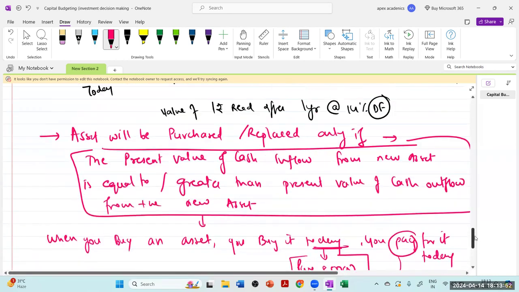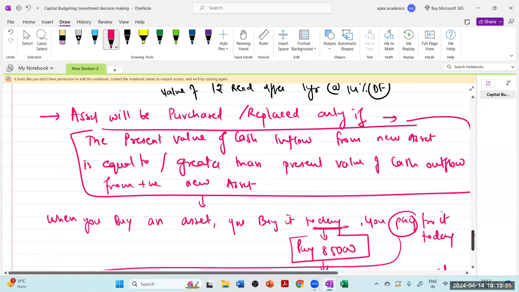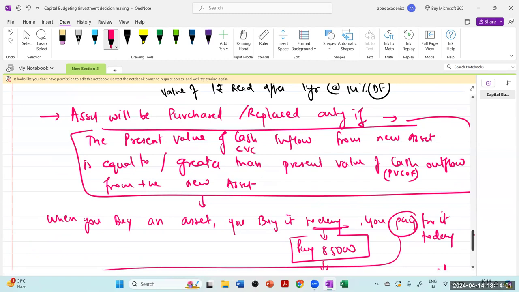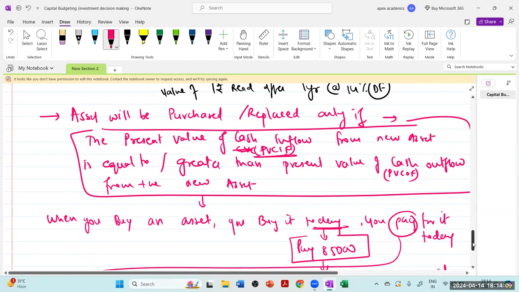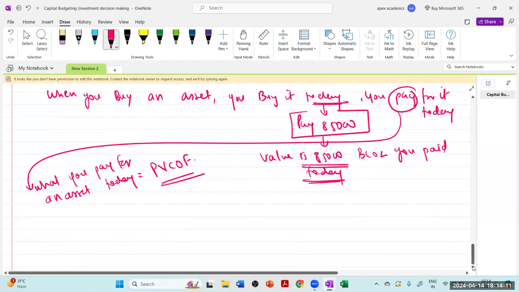Now I will be using this short form a lot. Present value of cash outflow is PVCOF and present value of cash inflow is PVCIF. Am I clear about this? It is PVCIF. I want you to put this in your mind now.